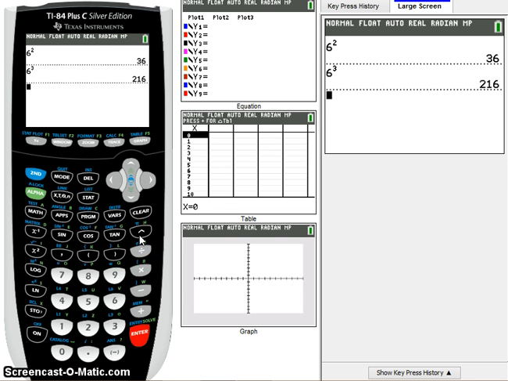In fact, you're aware of negative powers, and so we might as well take a look at one of those. Let's do 6 to the negative 2 power. So I'm going to go up arrow here. Then I'm going to hit the negative sign, not the subtraction sign, but the negative sign here. We'll do negative 2, 6 to the negative 2 power.